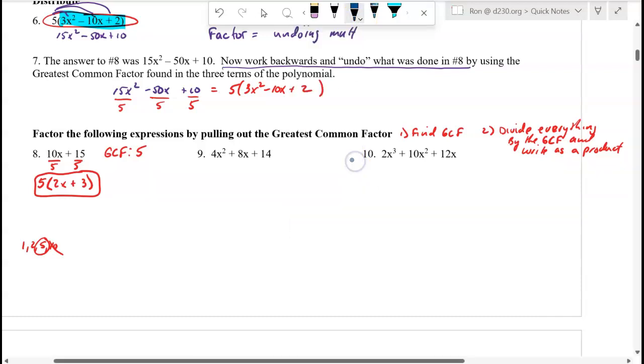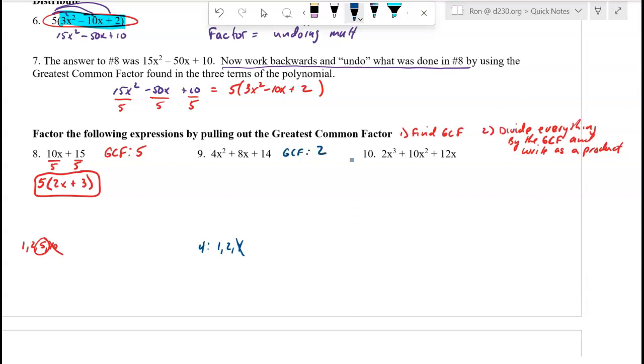The next example. When I look at 4, 8, and 14, I'm going to take the smallest coefficient, 4, and the factors of 4 are 1, 2, and 4. 4 goes into 8, but 4 doesn't go into 14, so I can't use that. 2 goes into all of them, so my GCF here is going to be 2.